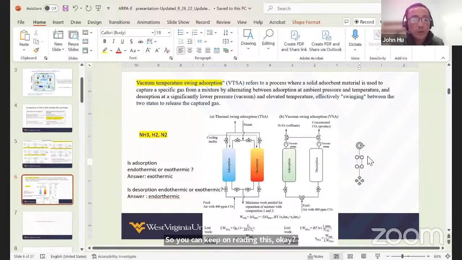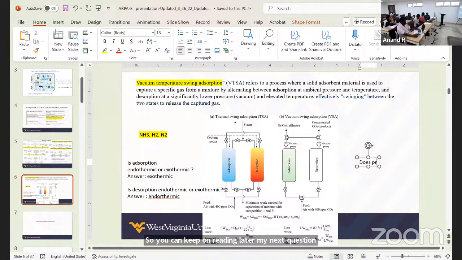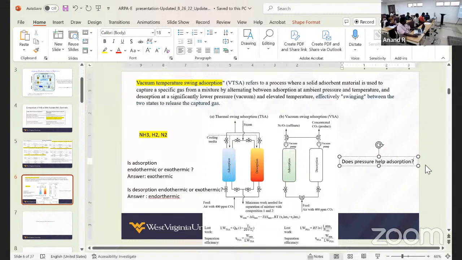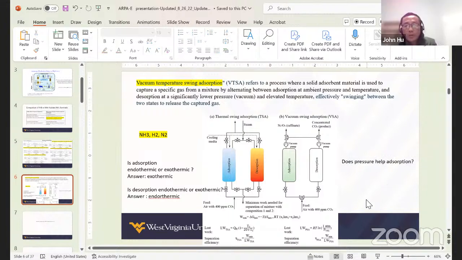My next question is, does the pressure help adsorption?